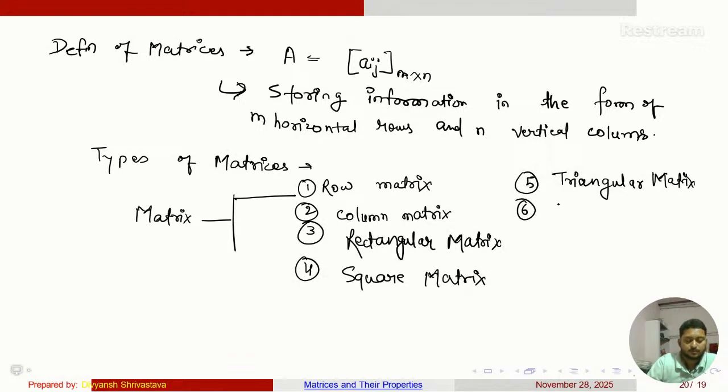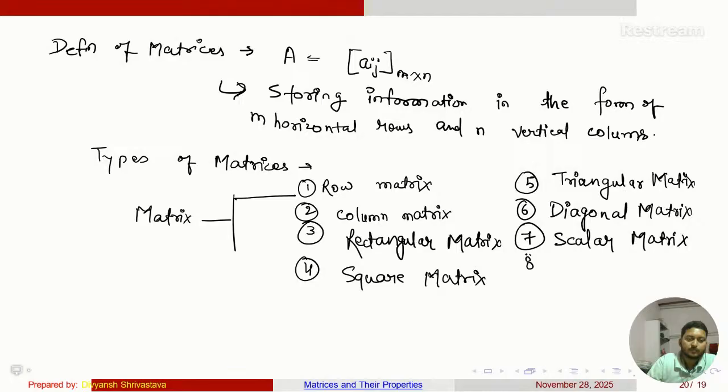Sixth is the diagonal matrix. Seventh is the scalar matrix. Eighth is the identity matrix.